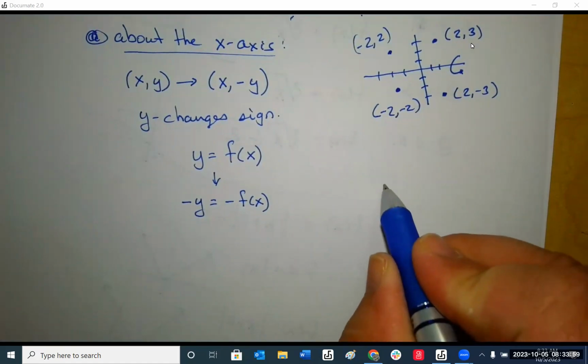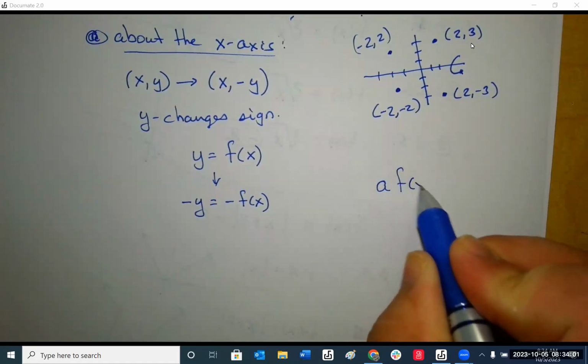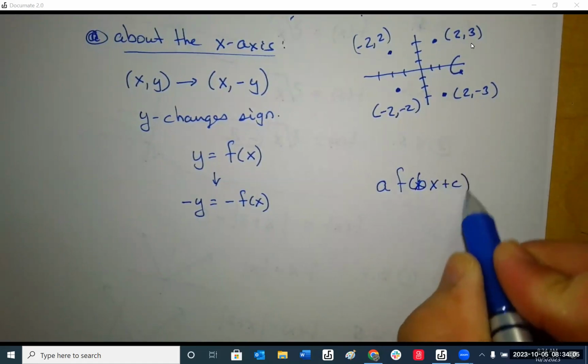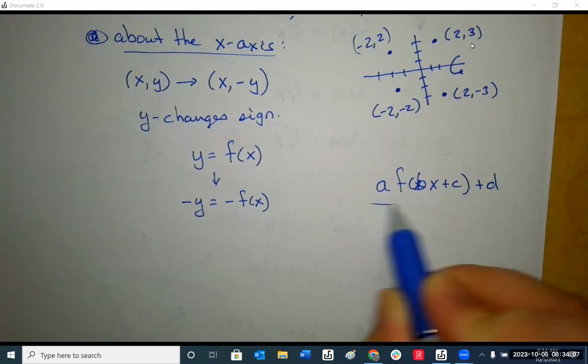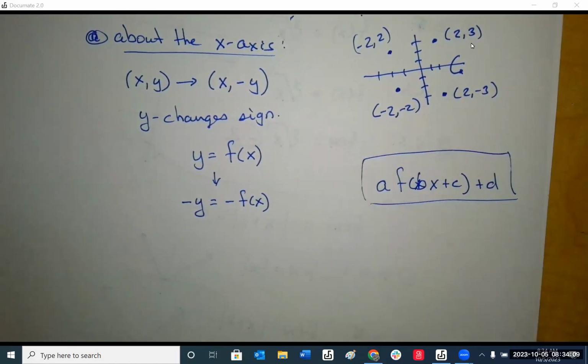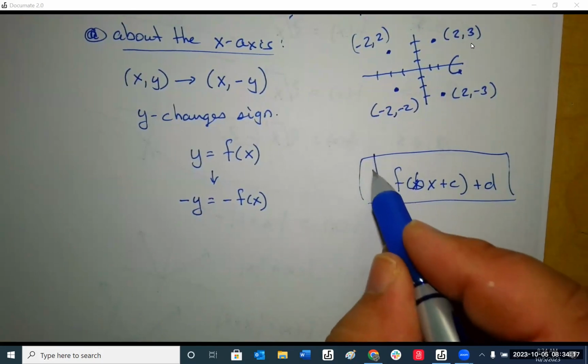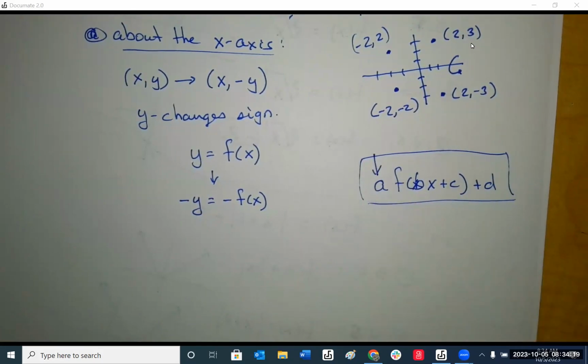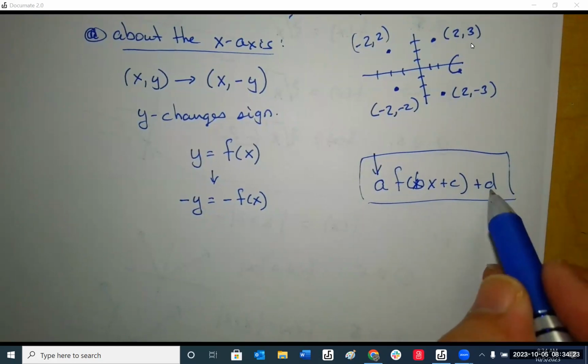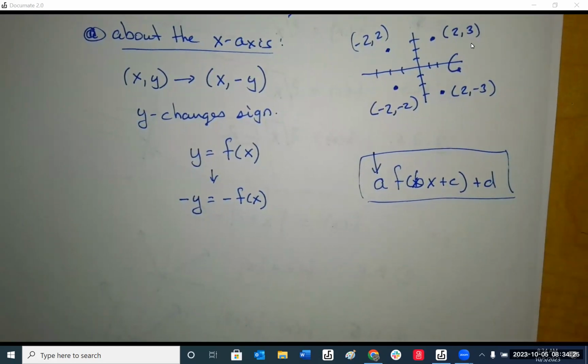Remember, our function looks like this. This is what our function looks like. So what makes the function change, the y change signs? This one deals with A. Because D is a vertical shift. It doesn't change the direction of the graph.